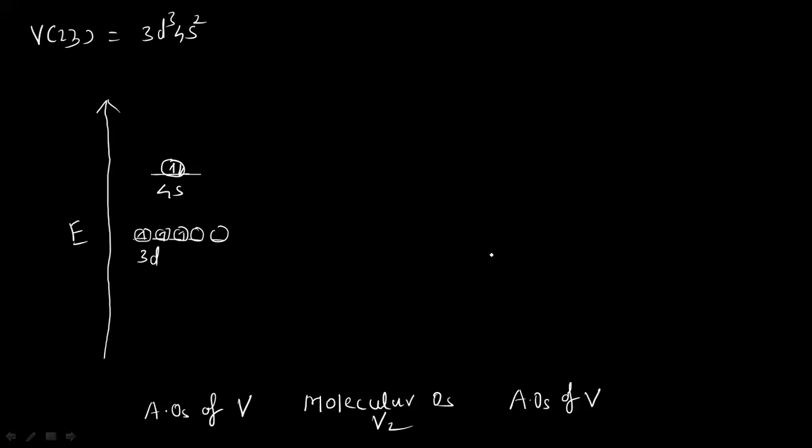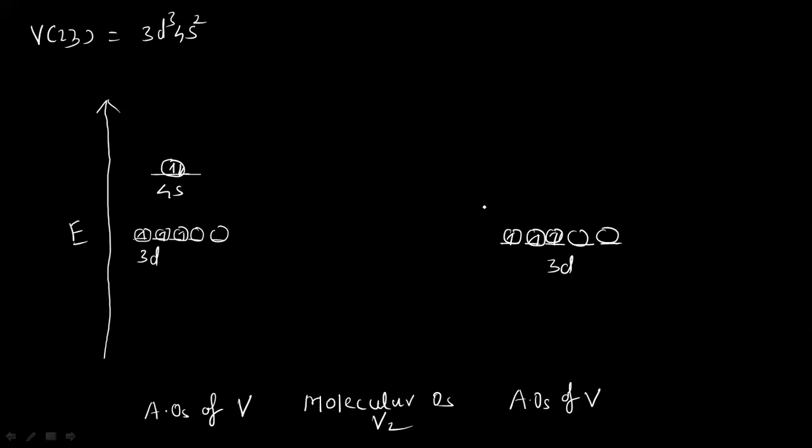Similarly, on this side, the same situation is there. The 5 d orbitals, 1, 2, 3, 4, 5. So this is also the 3d orbital. Put the electrons into this, 1, 2, 3.